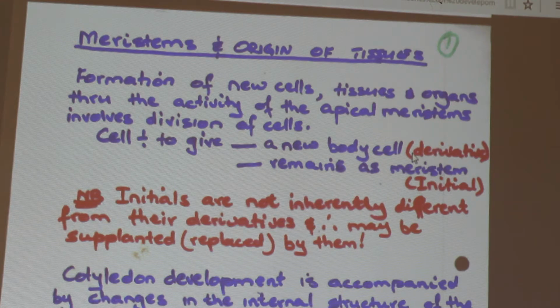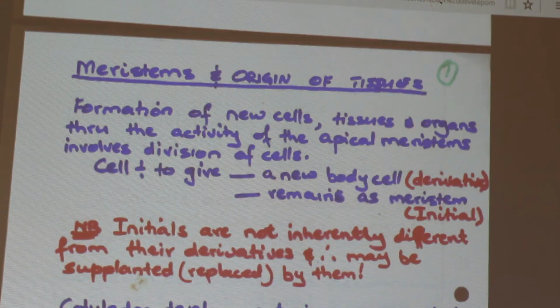That means we are assuming this one will go up, will grow out of the meristem and produce something. This initial will stay in the meristem and give us more cells. But please note, there is no difference between these two cells. It is just a terminology we give. Therefore, a derivative can become an initial, and an initial can become a derivative.